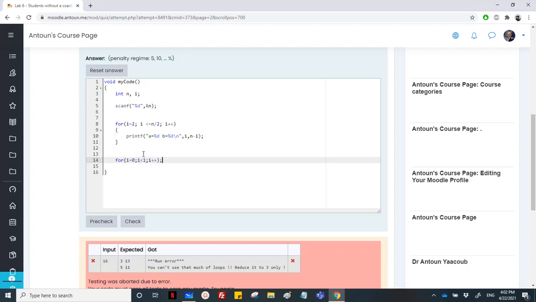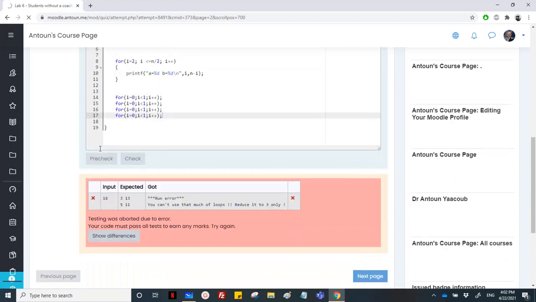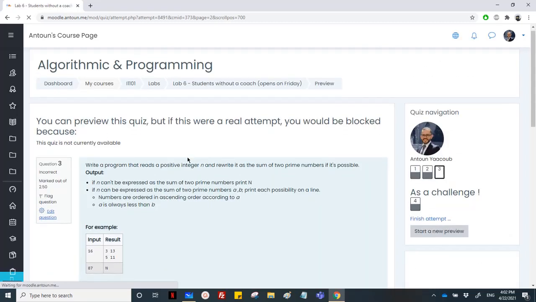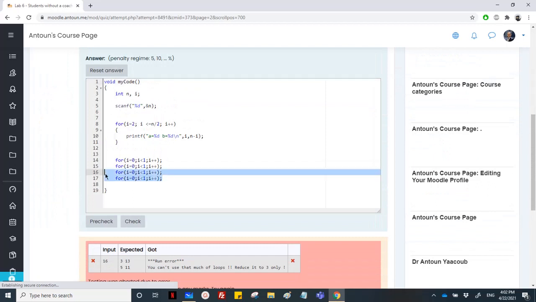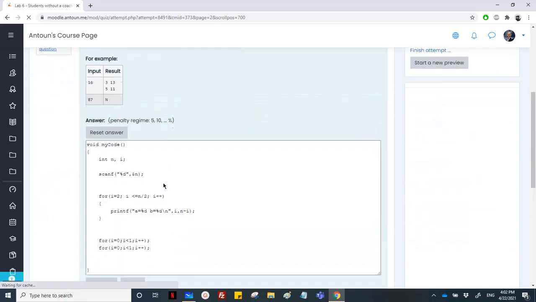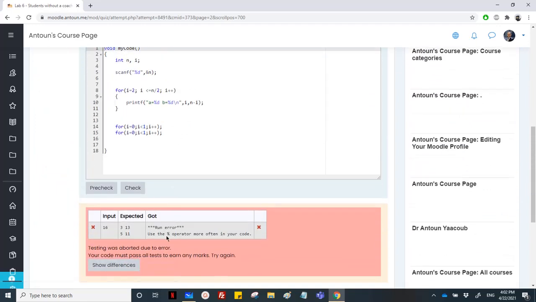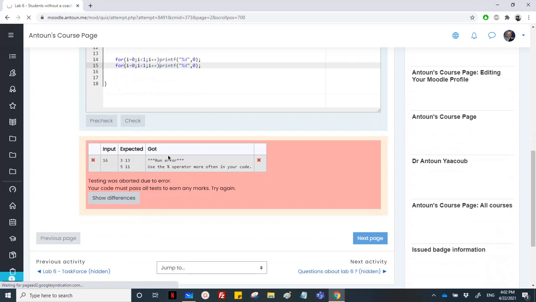Then I will use printf percentage d 0, just to be sure that I'm complying with the requirements of the code.